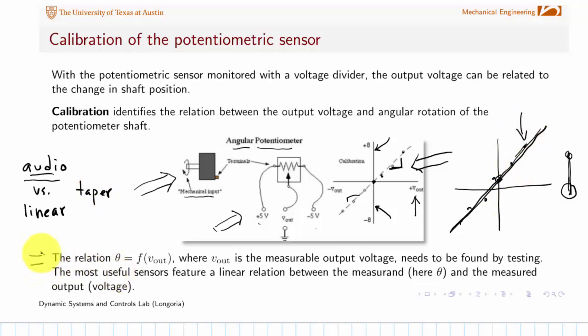The goal of a calibration then is to get this function that you can then use, by which you have translated the whole measurement into detecting voltage and getting output position measurement from your sensor.